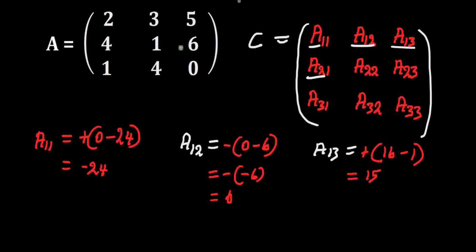Second row, A 2, 1. So this is positive, negative, positive, negative. So write negative here and parentheses. So stay on the location.